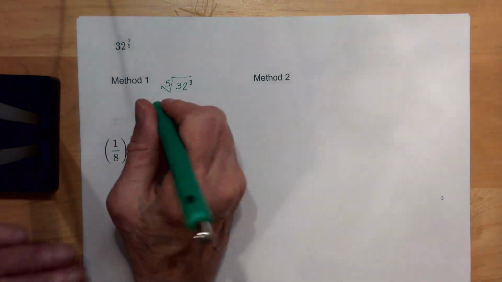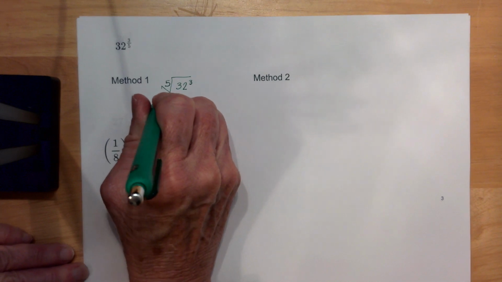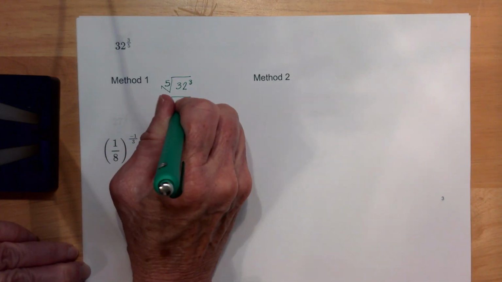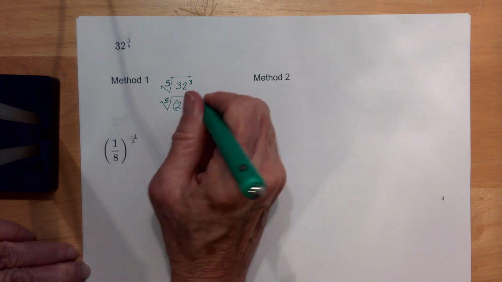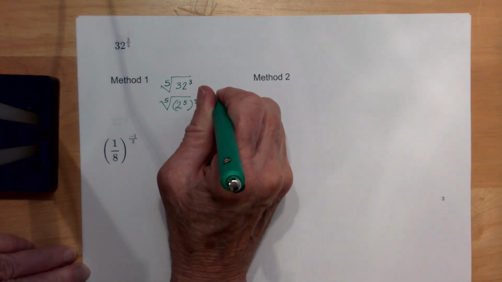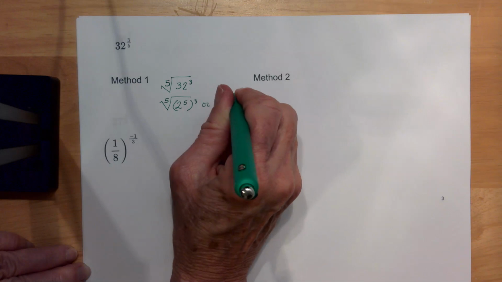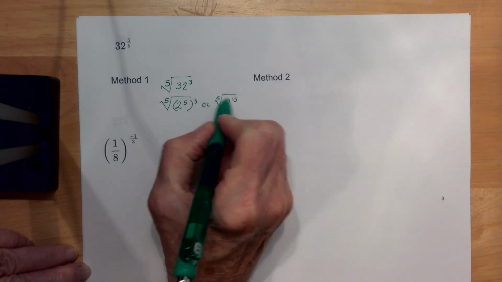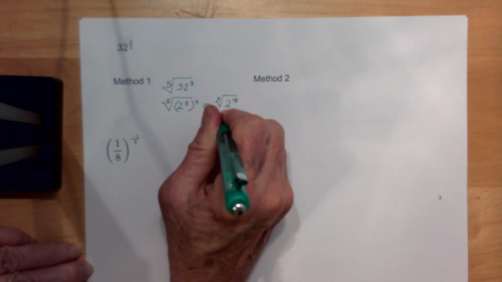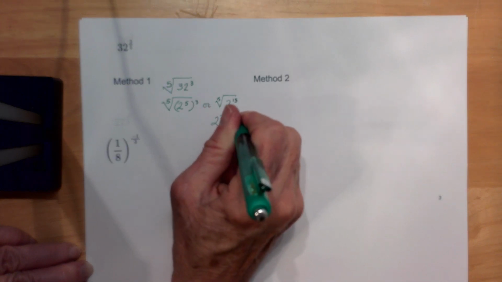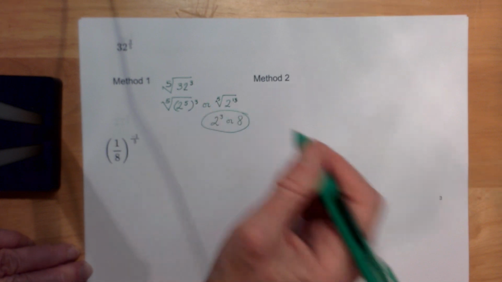It is, so I can rewrite this as the 5th root of 2 to the 5th power raised to the 3rd power, or the 5th root of 2 to the 15th power. 5 times 3 is 15. So the answer here would be 2 to the 3rd power, or 8.